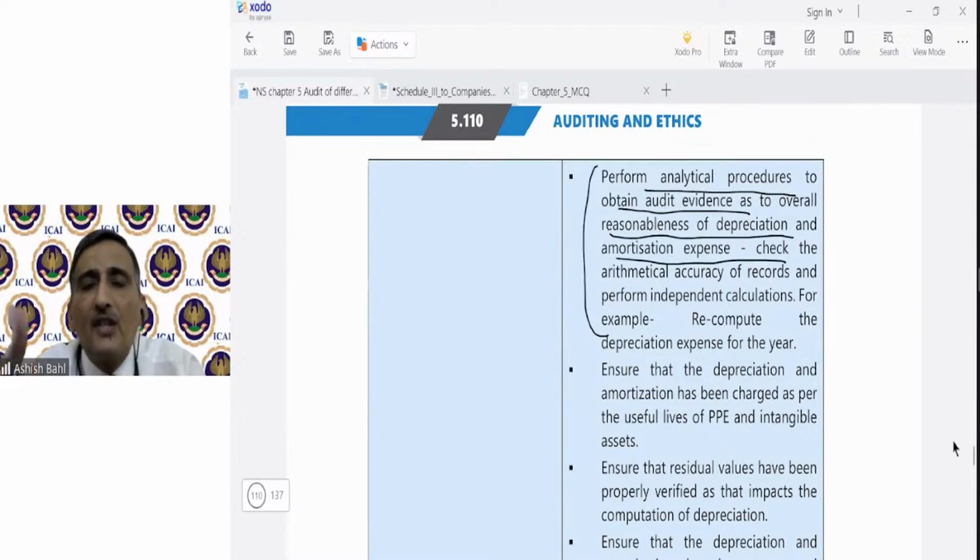So just by looking at the figures, say if the machinery is appearing in the books of accounts at rupees 1 crore, then by checking the depreciation amount on the machinery I can tell whether it is reasonable or not. Although finally I will tell it by calculating, just by seeing the figures I can reasonably arrive at it. Okay.